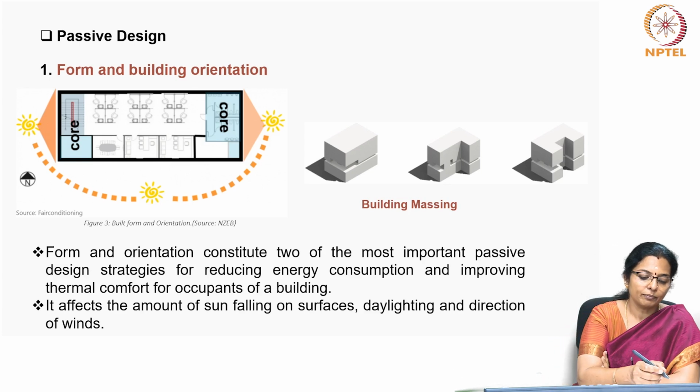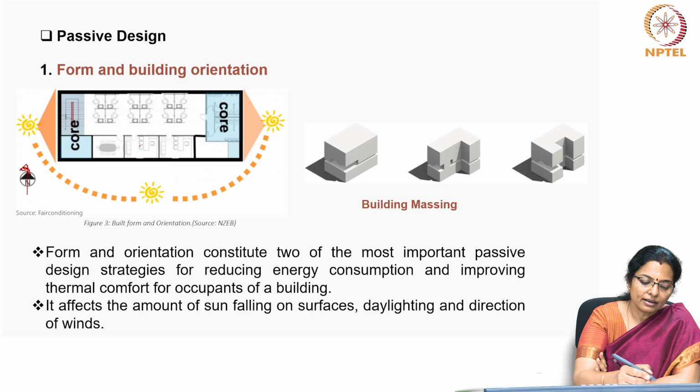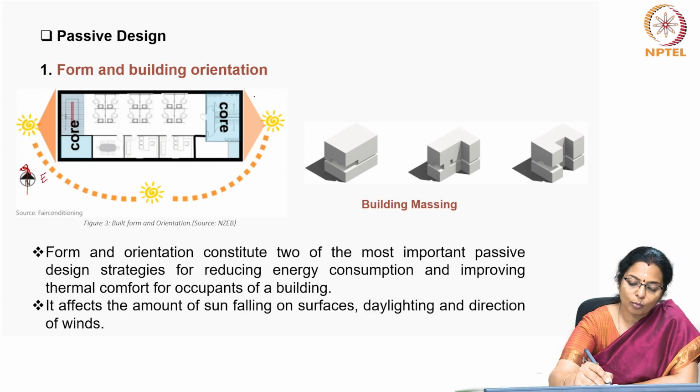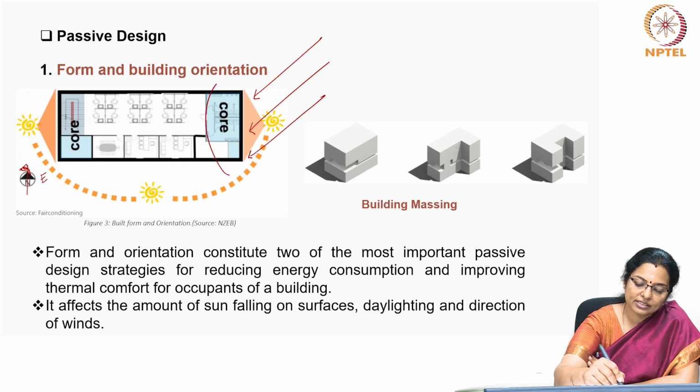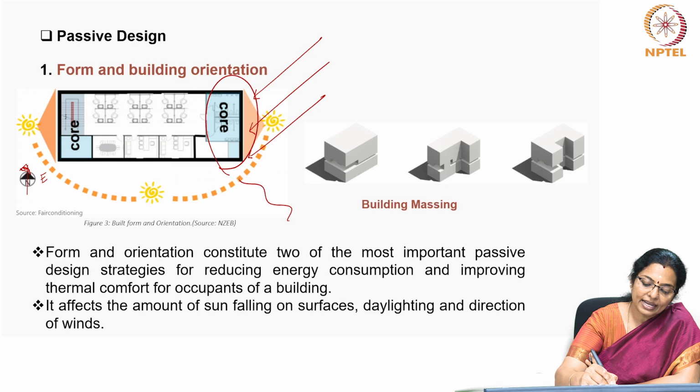For example, this is the north and this is the east. So, in the morning you can expect the sun to fall on this surface, and if the wind direction is say southeast, then you can expect the breeze to flow in this direction.